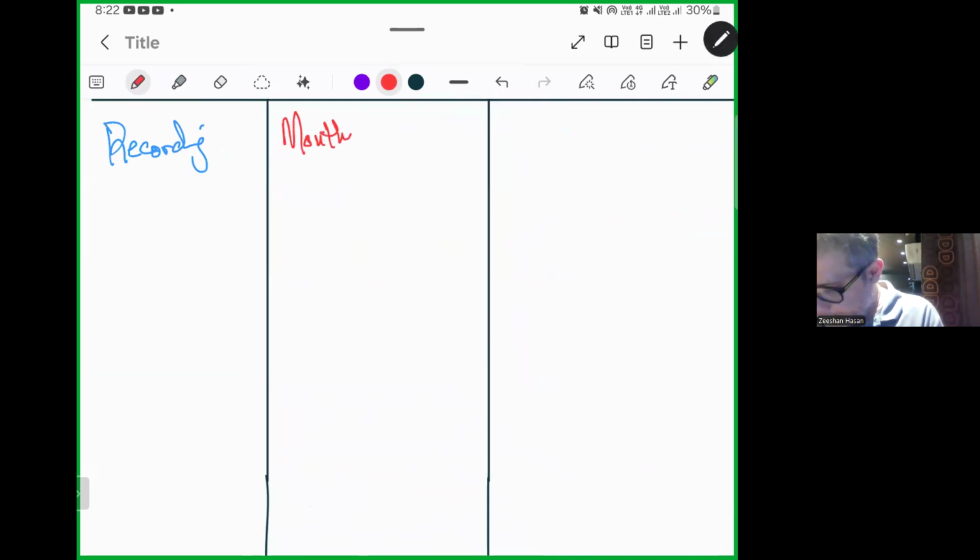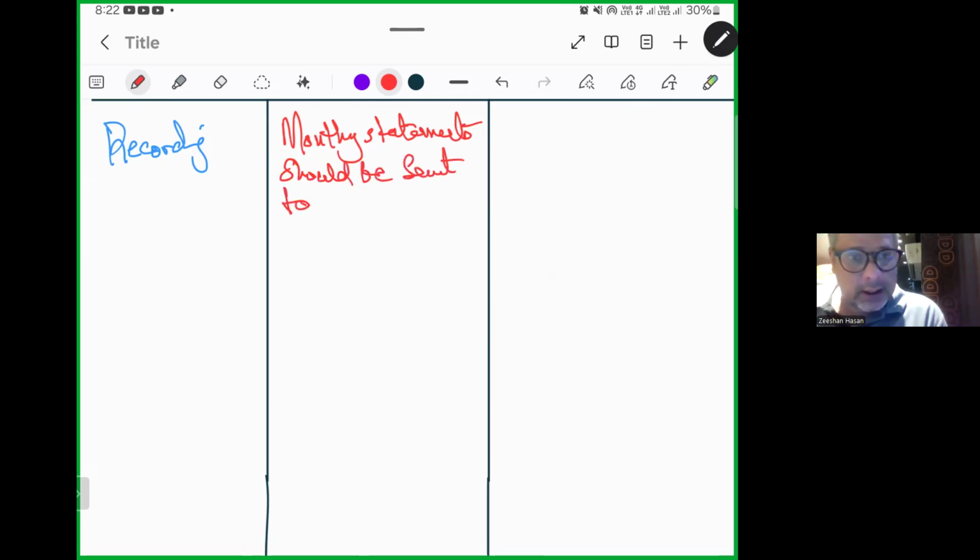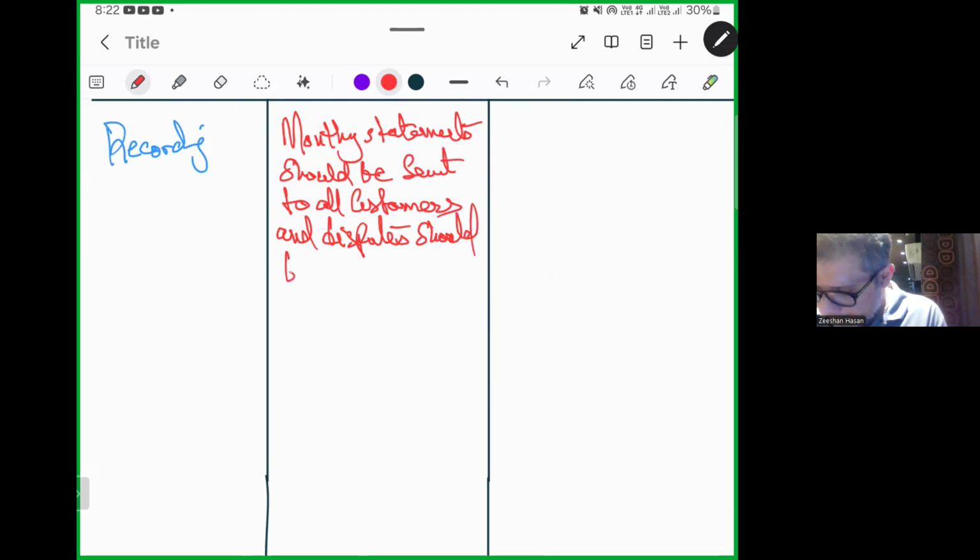Monthly statements should be sent to all customers, and disputes should be handled independently.